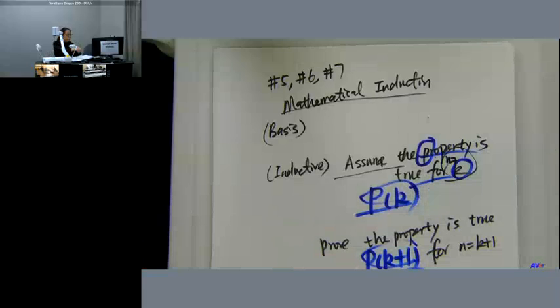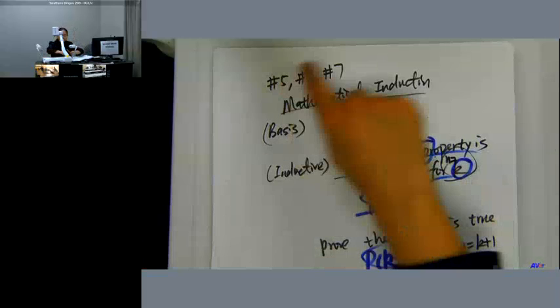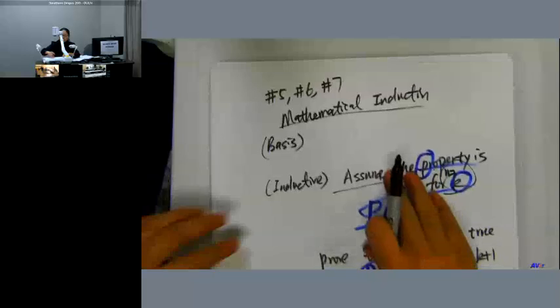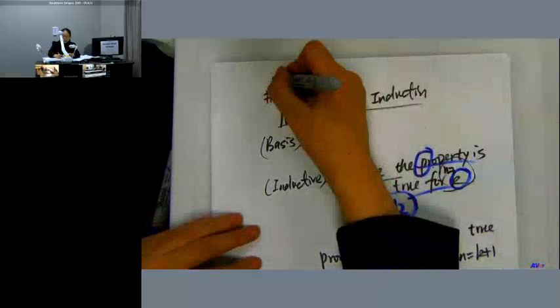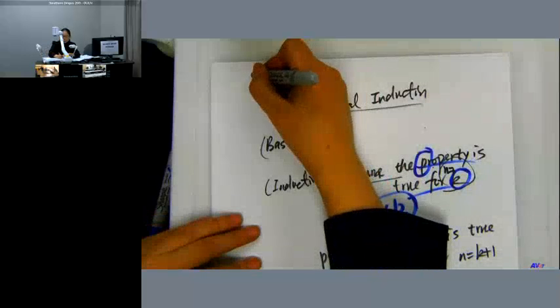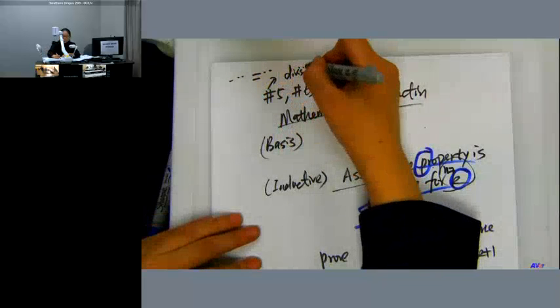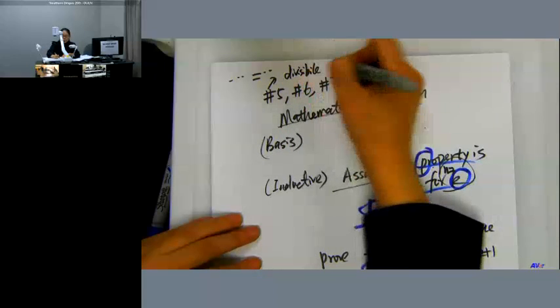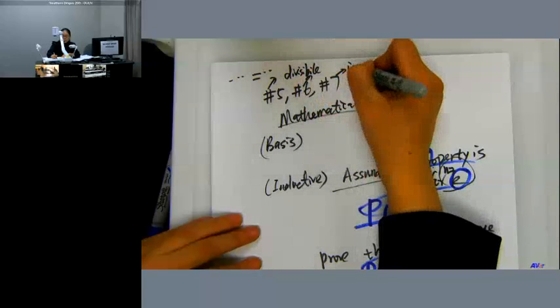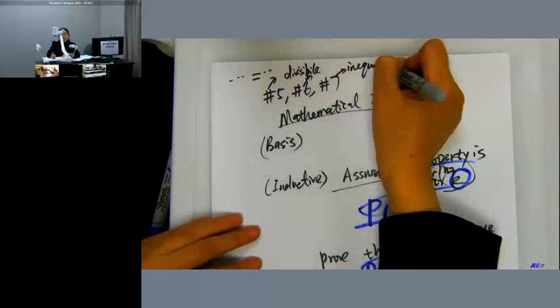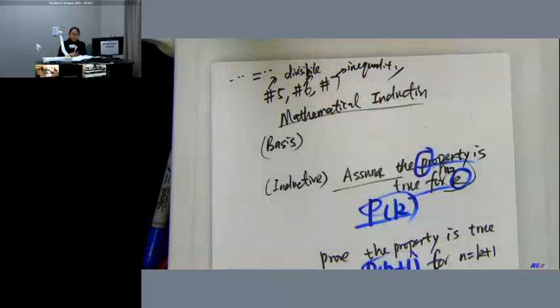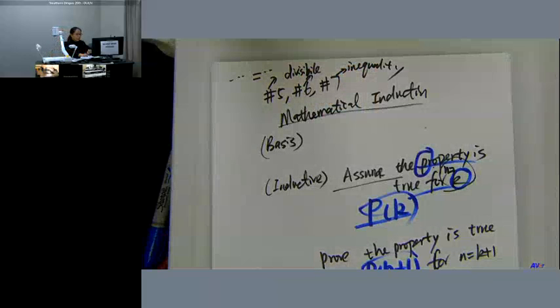So 5, 6, 7 each represents a certain type of mathematical induction. One is a formula, something equals something. The second type is divisibility, something is divisible by something. The third one is the inequality. There are 3 types of problems mathematical induction can be applied to.